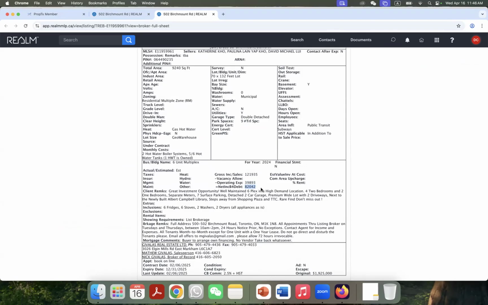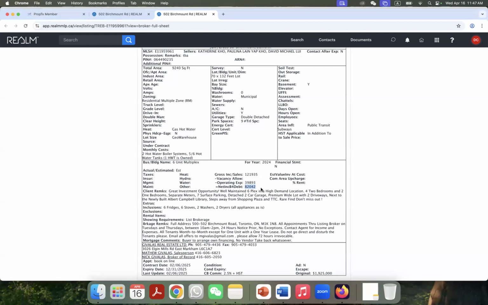Can anyone tell me what the cap rate is there? Based on this one, you will see the cap rate. Anyone? Let me see. So that's the way you work on the pricing, right?